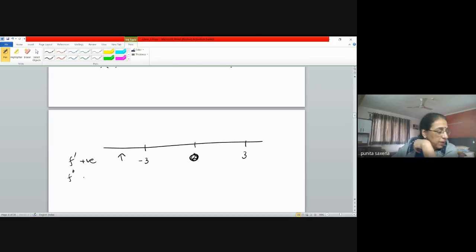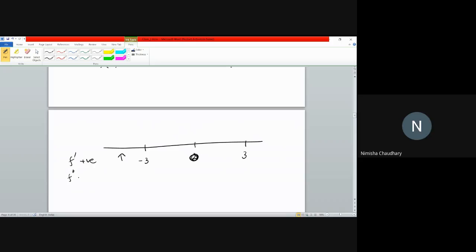And f double dash was negative, so it was concave down.